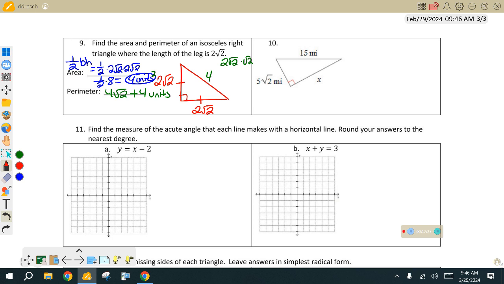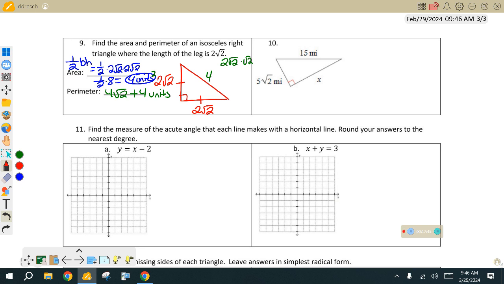All right, number 10. What do we got on number 10? The right triangle? What's that? Not an isosceles right triangle. Thank you there, Patrick. So what are we going to use on number 10? Thank you.